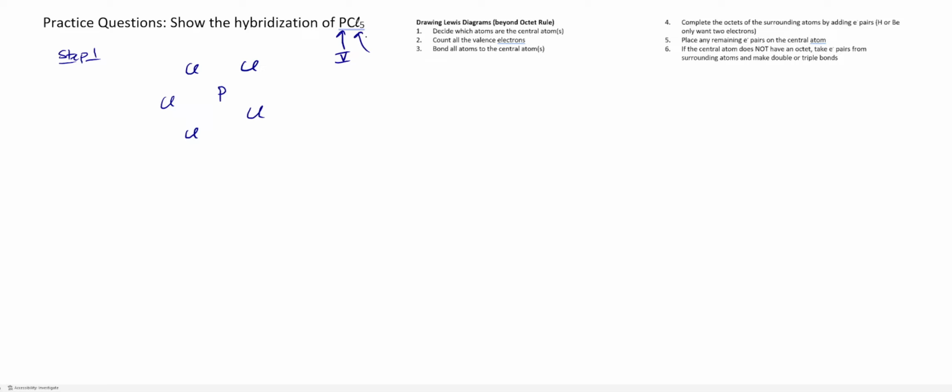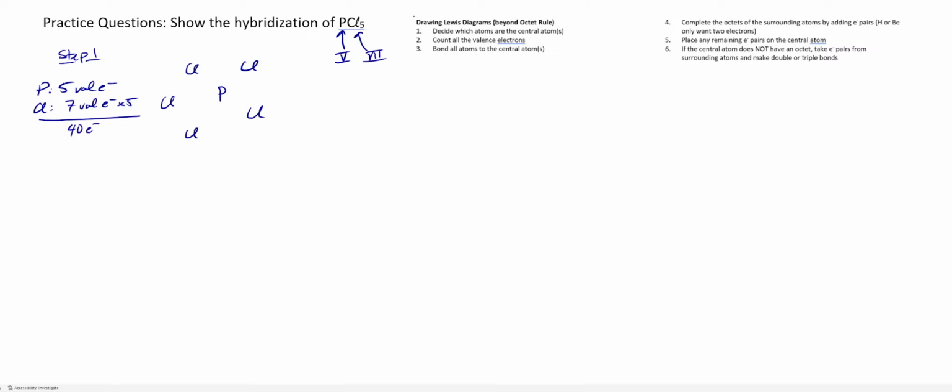If I look at the top of the column on the periodic table for chlorine, I see a Roman numeral of 7. So that means phosphorus has 5 valence electrons, and chlorine has 7 valence electrons, and then we're going to multiply that by 5. We are looking at 7 times 5 is 35 plus another 5, so it looks like I have 40 electrons to place there.